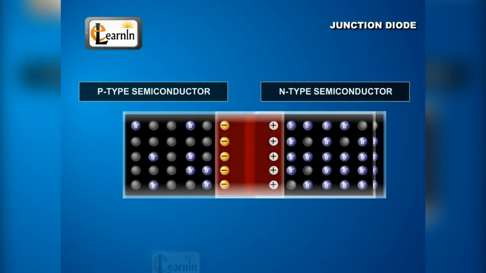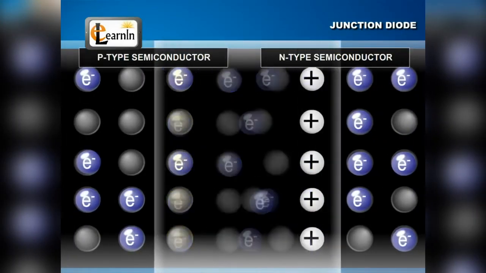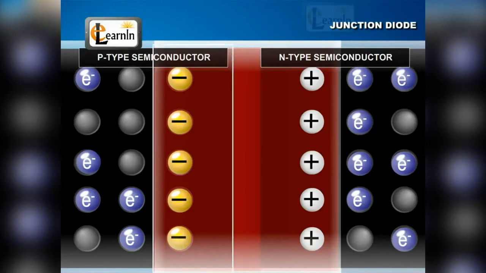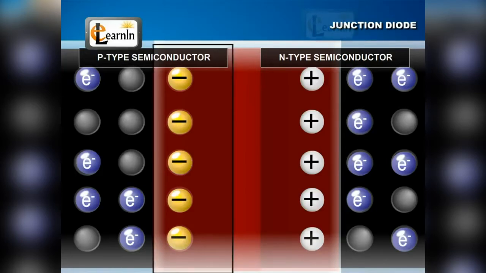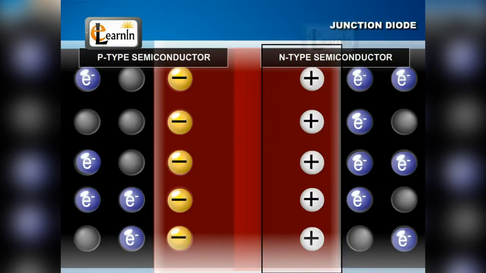Similarly, some of the holes from the p side enter into the n side. So, at the junction, these electrons and holes combine with each other. The hole and electron neutralize each other on such recombination, as shown. Therefore, in the region close to the junction, only negative ions are left behind on the p side and only positive ions on the n side.